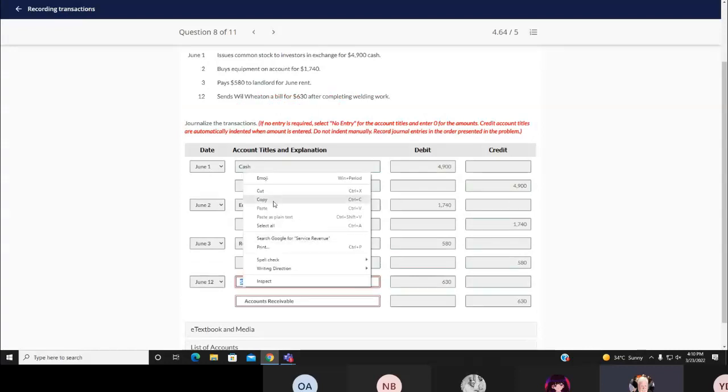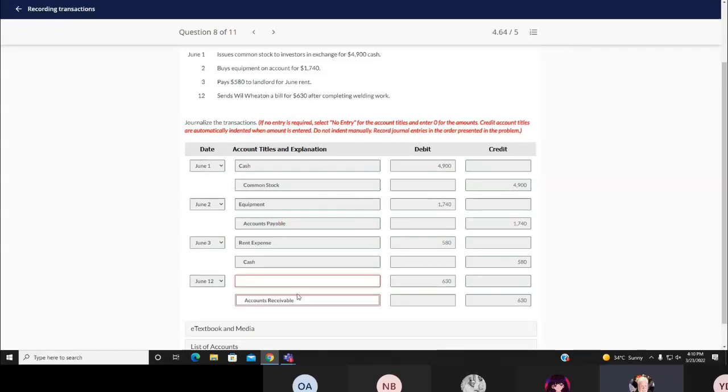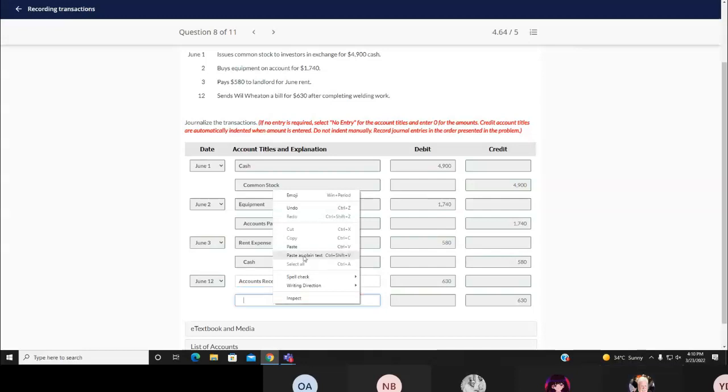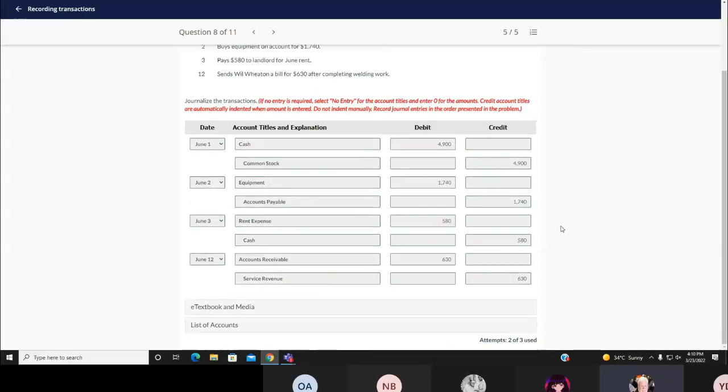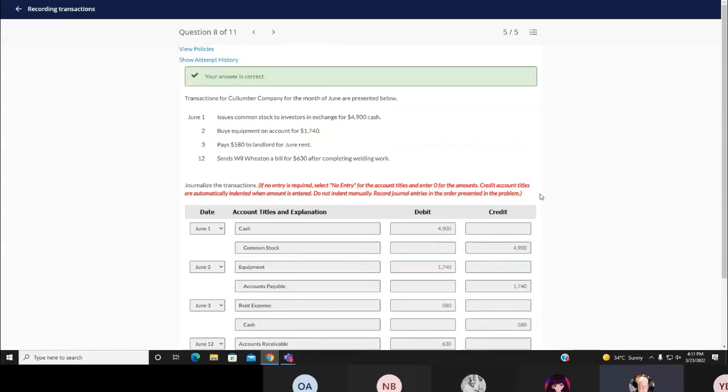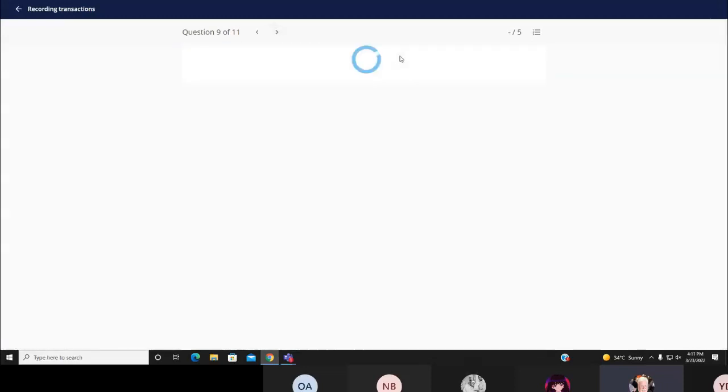The debit is either cash, I got the cash, or he's going to pay me later. It's accounts receivable.